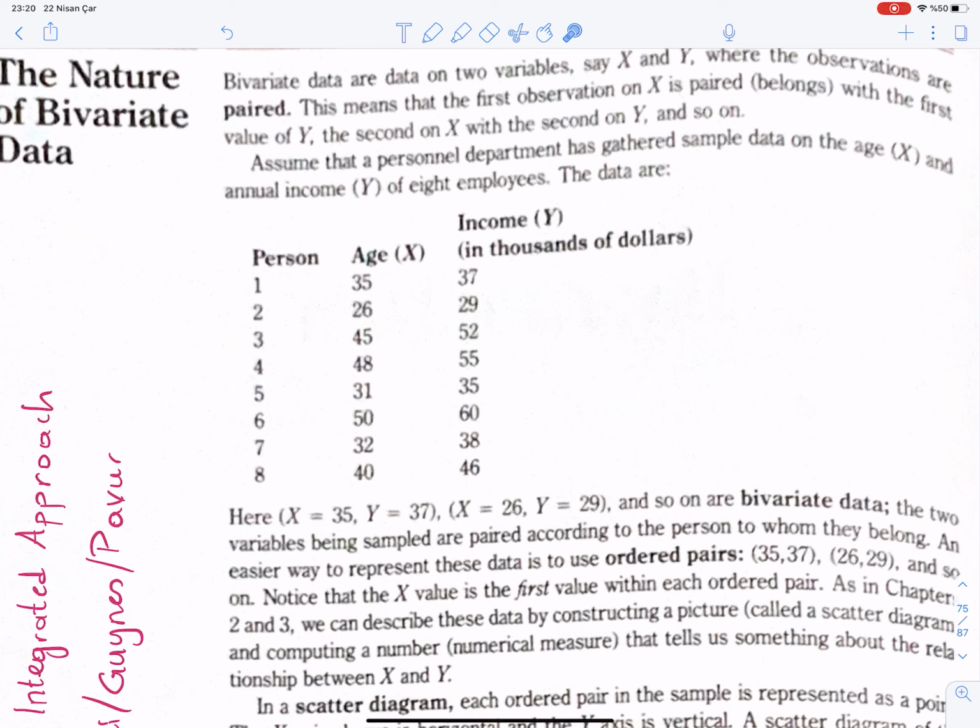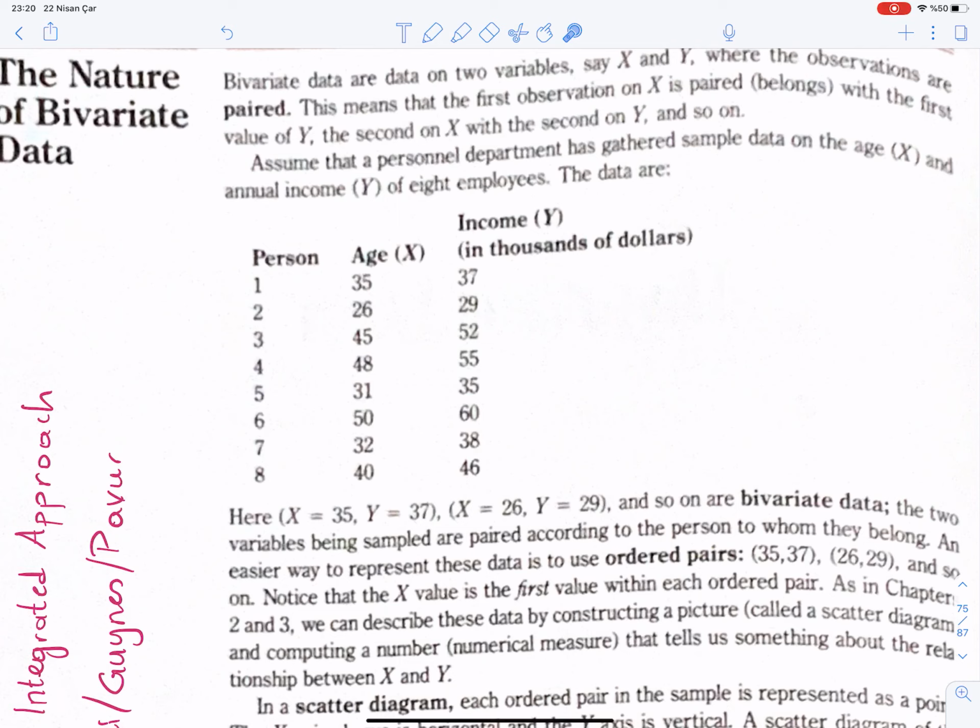So this is a good example, just to clarify the idea behind the correlation analysis. Assume that a personnel department has gathered sample data on the age X and annual income Y of 8 employees. So you have 8 persons, their ages and their incomes in $1,000.